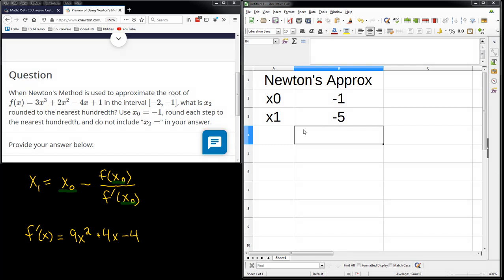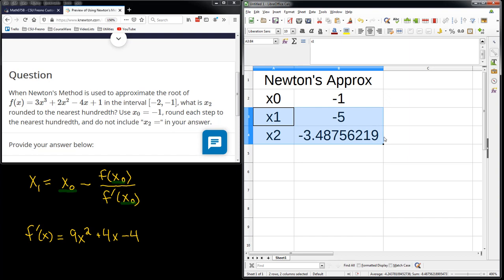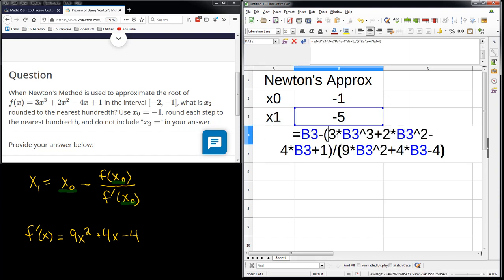But what's really great about a spreadsheet is that I can just highlight these two things, move my mouse to the lower right corner, left click and drag, and then let go. What it did was copy the exact formula from before, only it updated the cell reference.